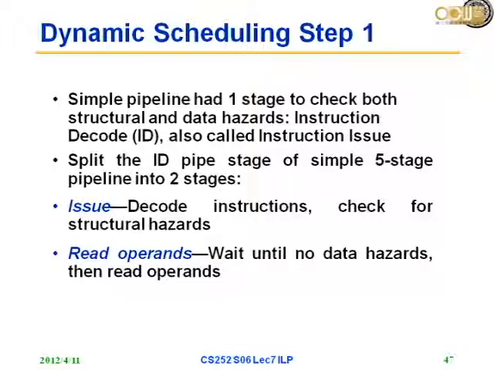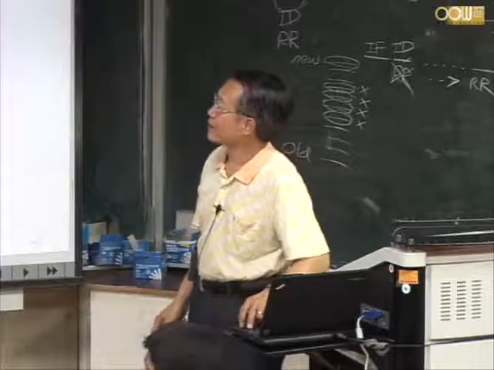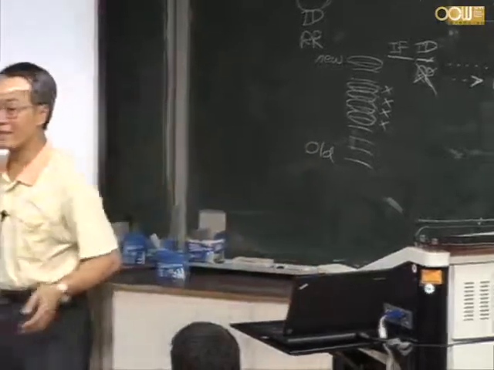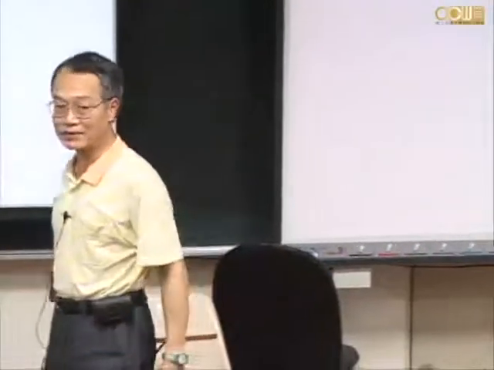And this issue means I know what to do, but I'm still waiting for my raw materials to come in before I can start producing my result. Okay. Now, do you understand what dynamic scheduling means? Do you know what it needs to do now?